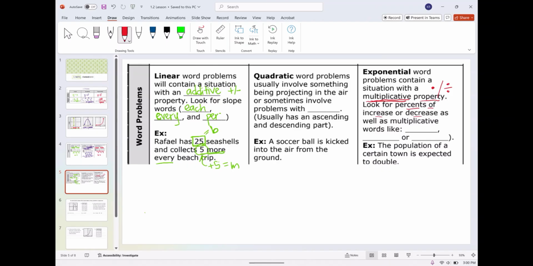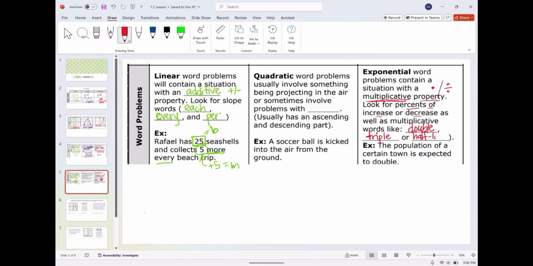We're going to look for percents, whether it's a percent of increase or decrease, or other words that mean multiply, like double, triple. Double is times 2, triple would be times 3.